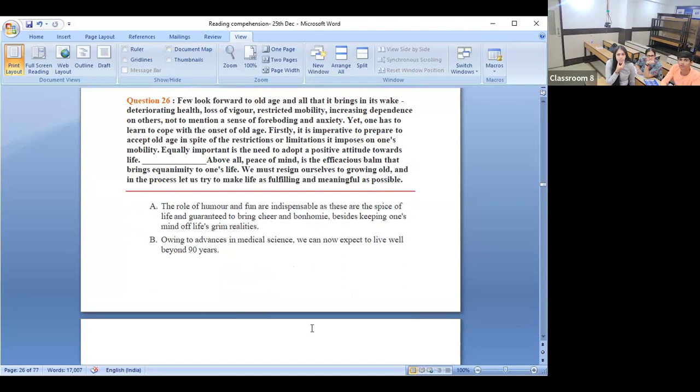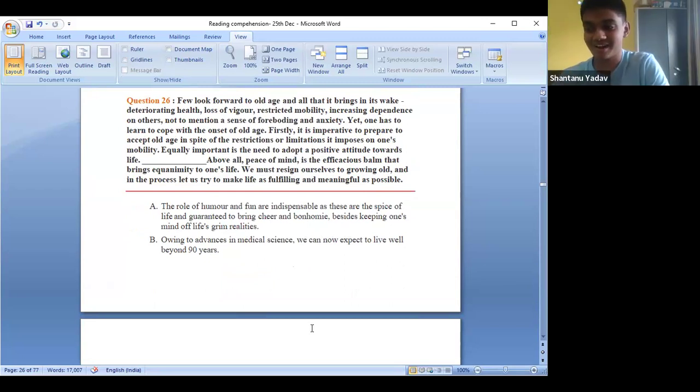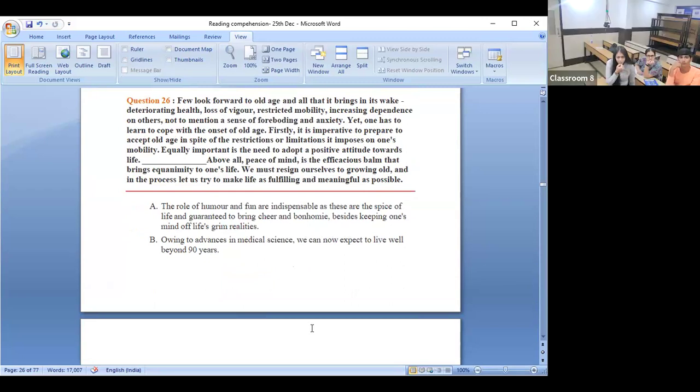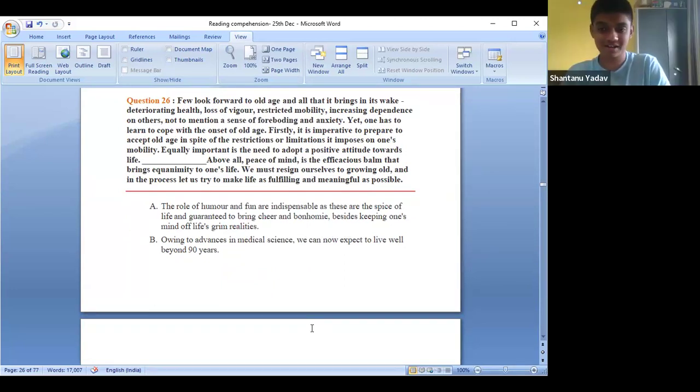Shantanu, take a picture and whatever you wrote today, the notes, send it to me on this chat quickly. Ma'am, you will not understand my handwriting, but still I'll send it. Okay. I don't need to understand handwriting, I just need to see. Ma'am, where should I send? Like, WhatsApp?